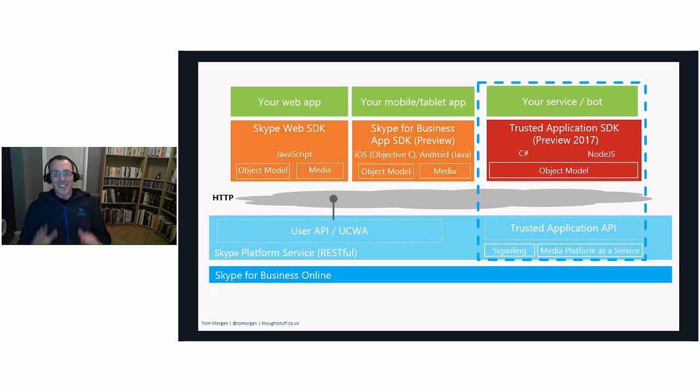Anyway. The Trusted Application SDK. Let's talk about that. And this is interesting as well because it's the third thing, but it's all still built on this RESTful platform. Now, what the Trusted Application SDK is about is your back-end service. It's the closest thing to that UCMA that we talked about. It's how you can write services and back-end applications that can still talk in this HTTP RESTful way.